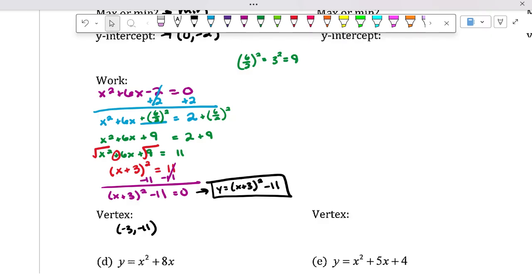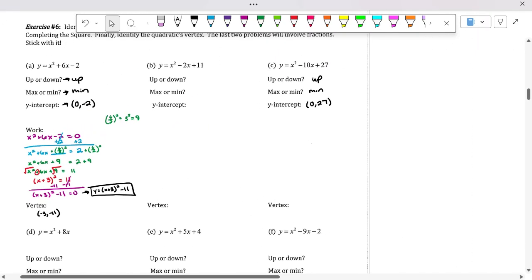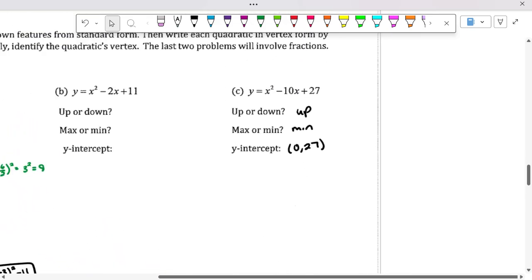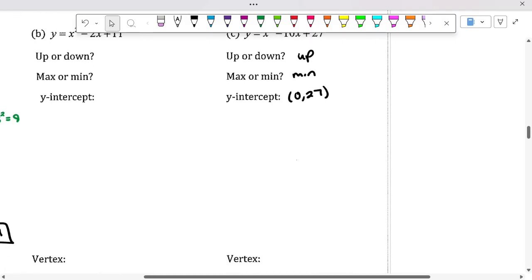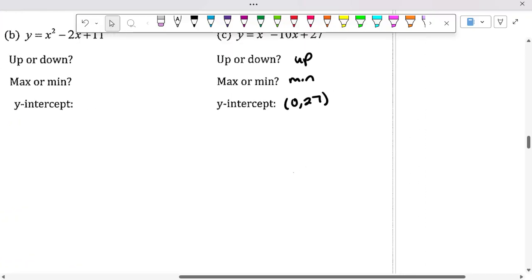All right, let's come back together. Let's go over this. So let us go with Wendy. What's my first step to completing the square?